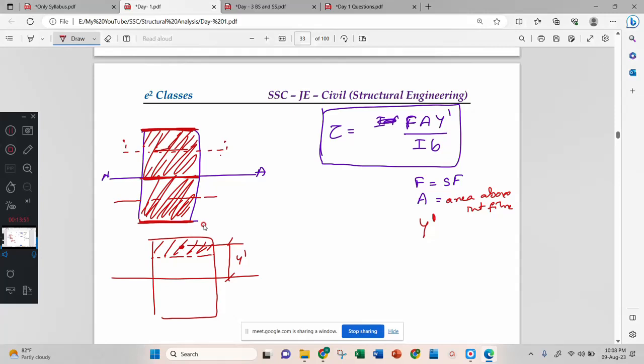Y bar is the distance between neutral axis and CG of the area, correct? That is your y bar. Then I is the moment of inertia, b is the width of the interested fiber.